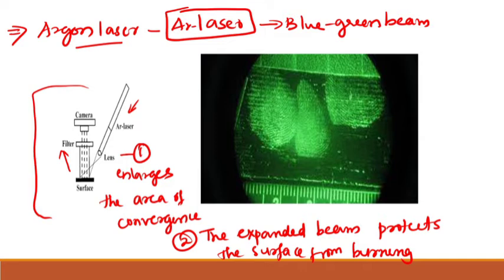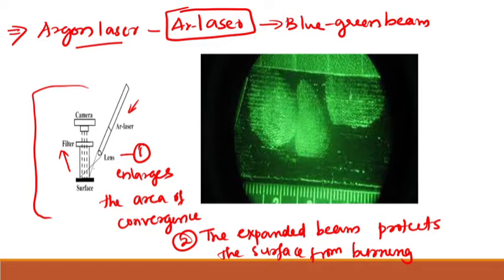In the argon laser, a blue green beam is emitted and passes through a lens. It serves two main functions. First, it enlarges the area of convergence, so we can get the whole fingerprint imprint. Second, the expanded beam protects the surface from burning.